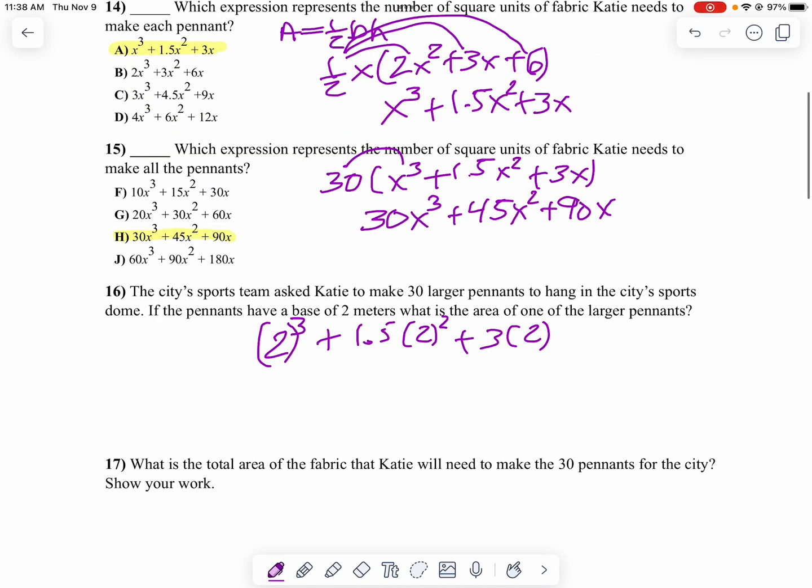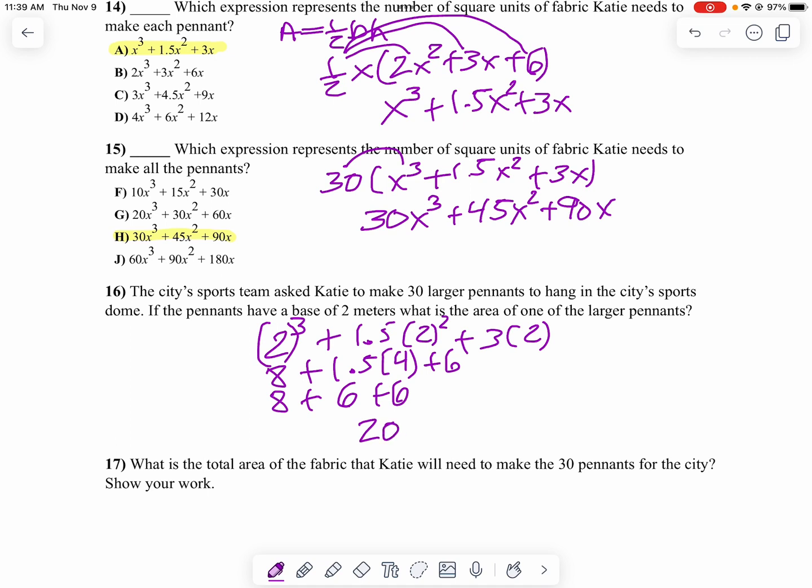Well, 2 cubed is 8. 2 squared, I'm going to do my exponent first, that's 4. If I take 3 times 2, I get 6. Now, I haven't multiplied 1.5 times 4 yet, so let's do that. 1.5 times 4 will be 6, won't it? 8 plus 6 is 14. 14 plus 6 is 20.